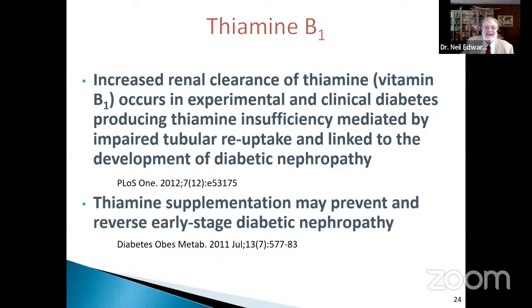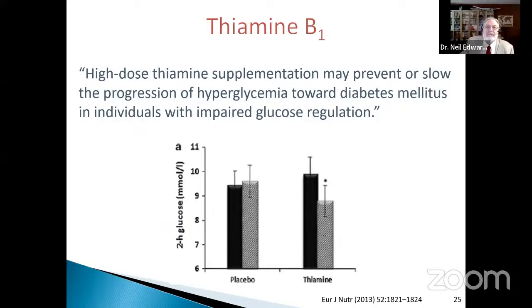And thiamine supplementation can actually prevent or even reverse early stage diabetic nephropathy. Again, with this high dose, they're talking about 150 to 300 milligrams typically, it can prevent or slow the progression of hyperglycemia towards diabetes as well, with significant improvement.